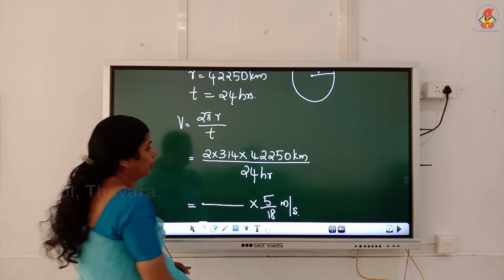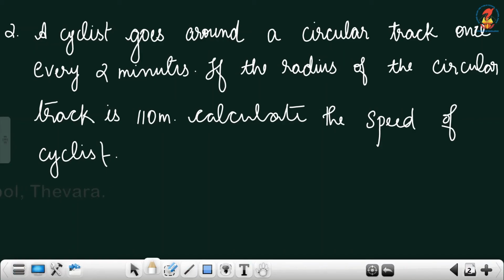Okay, do it on your own. Then one more question is there: a cyclist goes around a circular track once every 2 minutes. Calculate the speed if the radius of the circular track is 110 meter.